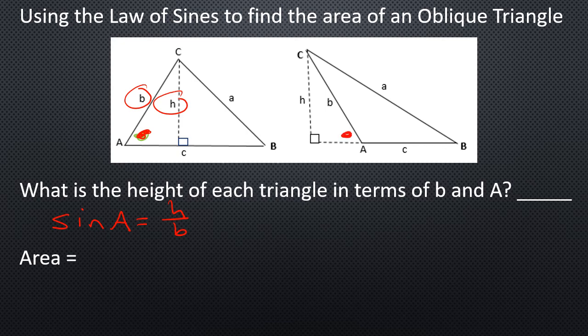I have angle A right here, even though I'm using that external right triangle that does represent the height of the triangle, I still get the same equation. Sine A equals the height over my hypotenuse.